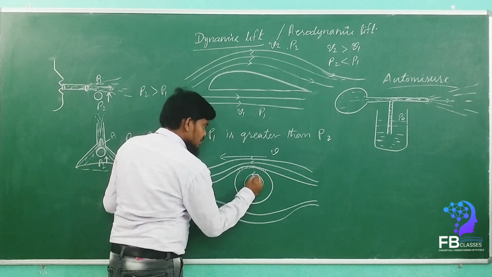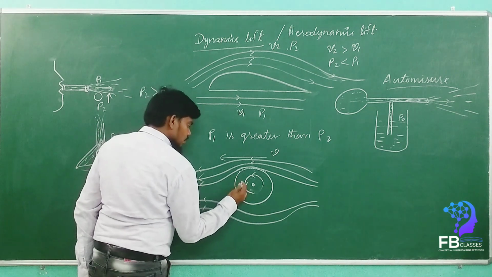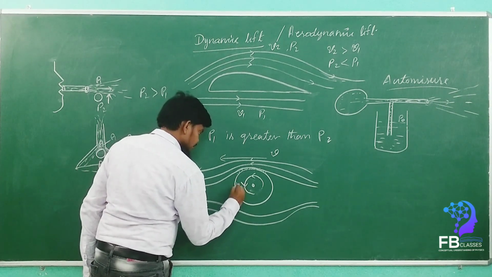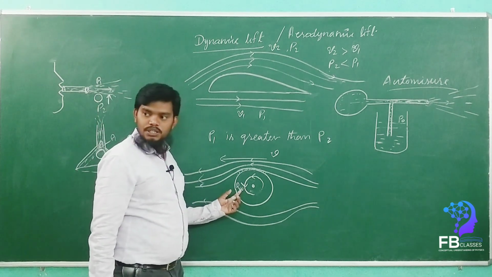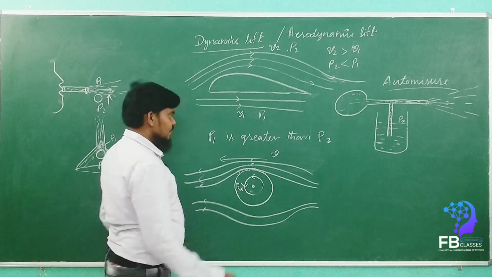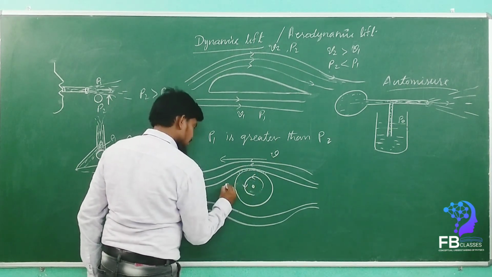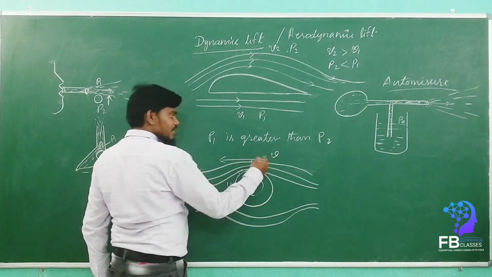Let it be considered as omega, the angular velocity. This is omega, and this is the tangential direction v.